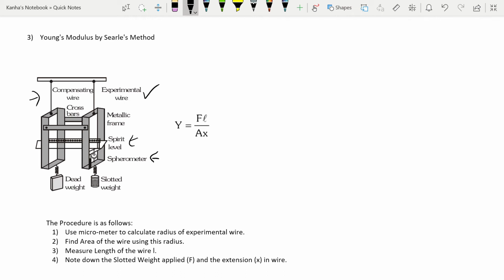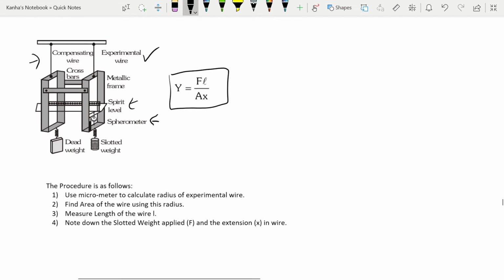So if you've done this in the lab, then very good, you might remember this. Even if you have not done it, what you should remember is that Young's modulus is given by this equation: Y is equal to F, force, into length, divided by area into the extension, where A is the area of cross section.